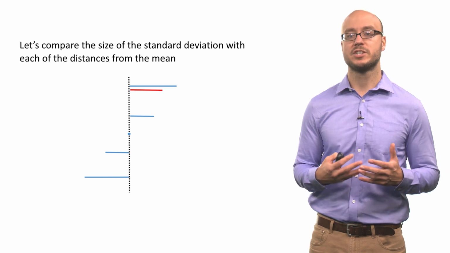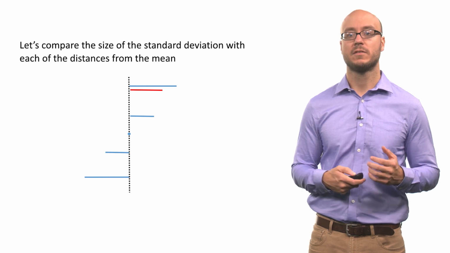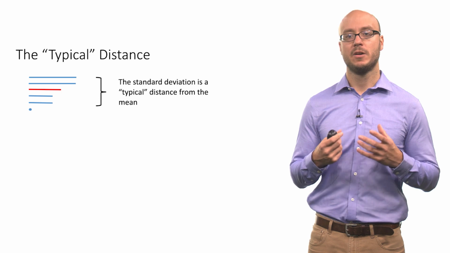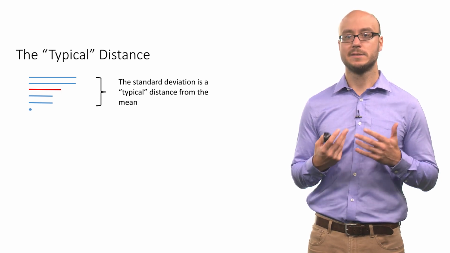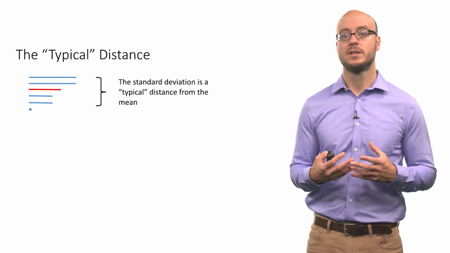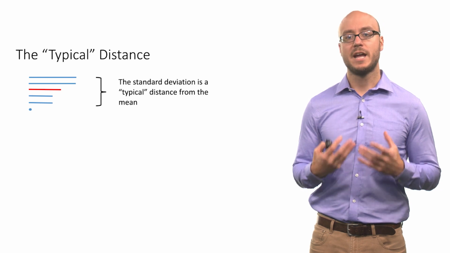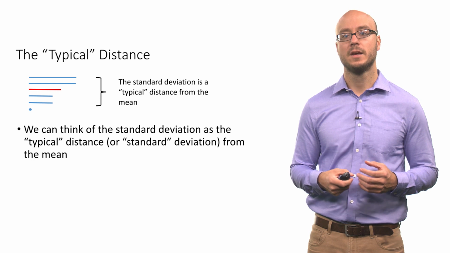For a set of observations, how far off, on average, is an observation from the mean? And if we sort our distances from the mean, you can see the standard deviation looks pretty typical. It's not the smallest distance, it's not the largest distance, but on average, if we convert our distances into positive values, the standard deviation will be the typical distance from the mean.